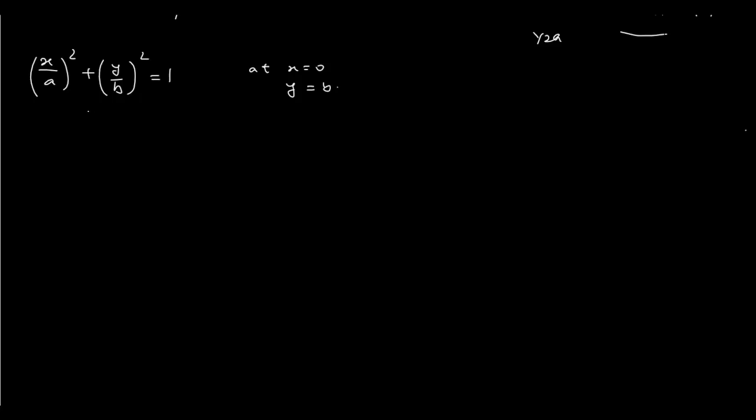Now if I differentiate this equation with respect to x, then what will I get? Before doing that, let me rearrange this equation. y square by b square is equal to 1 minus x square by a square. Now differentiate it with respect to x, and you will get 2y by b square dy by dx equal to 0 minus 2x by a square. Clear?